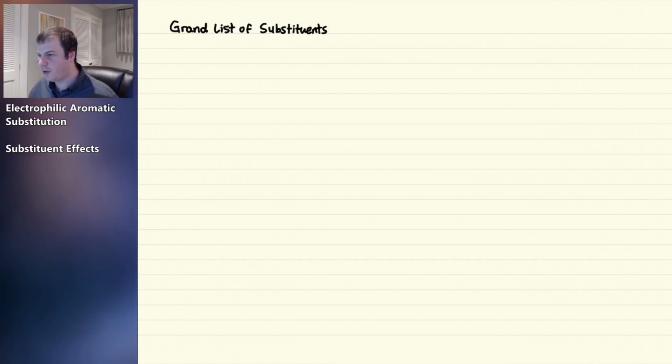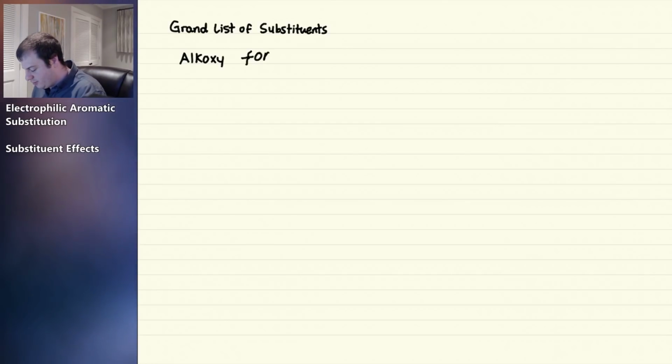And at the very top of our list, we'll add our donor groups or our activating groups. And the first group on our list is alkoxy. Alkoxy group. And I'll draw this little squiggly line to show the point of connection to the benzene ring.